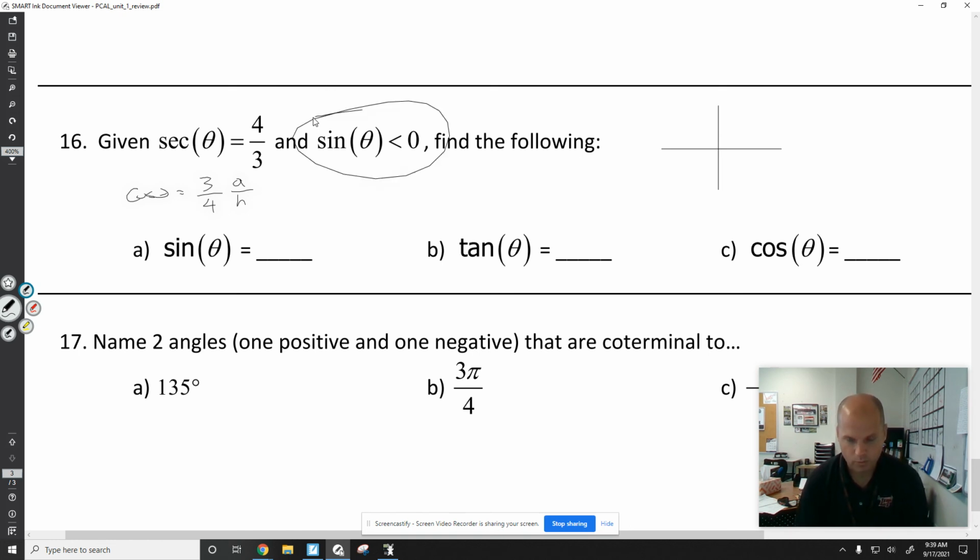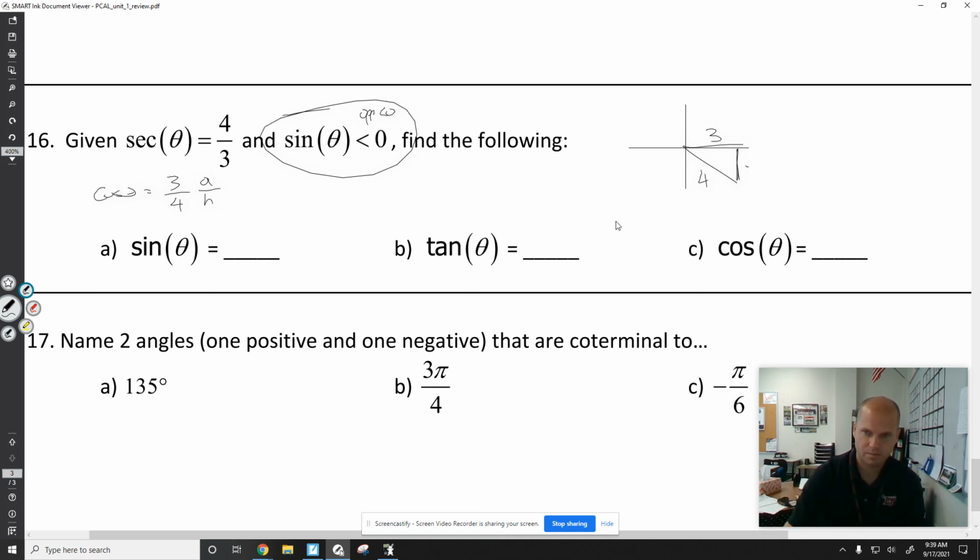But we've got a situation where sine's negative. So that means the opposite needs to be negative. Cosine's positive, sine's negative. Where are we? Here, in the fourth quadrant. Okay? Adjacent's 3, hypotenuse is 4. The opposite's going to be a negative number.